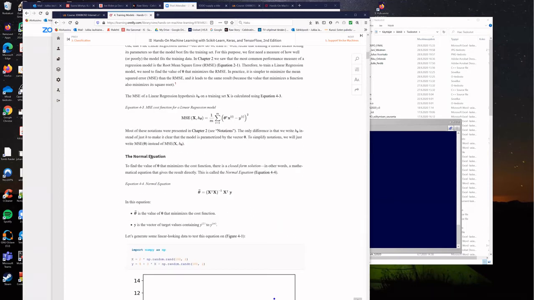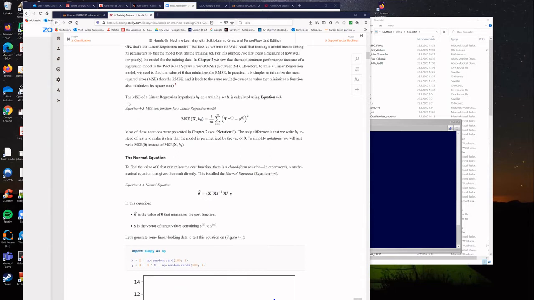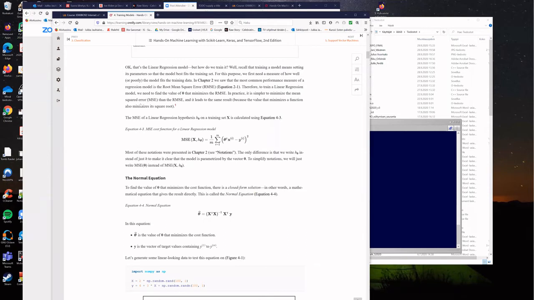Okay, there is some very complex math here, but the basic idea, as we discussed before, is that we minimize either the root mean square error between the observations and the function, or the mean squared error.